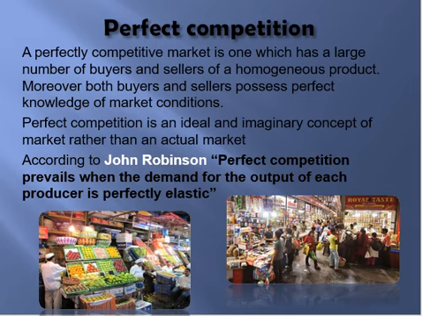So perfect competition has been defined by John Robinson. He says that perfect competition prevails when the demand for the output of each producer is perfectly elastic. Before this, we have understood that there are large number of buyers and large number of sellers, right?